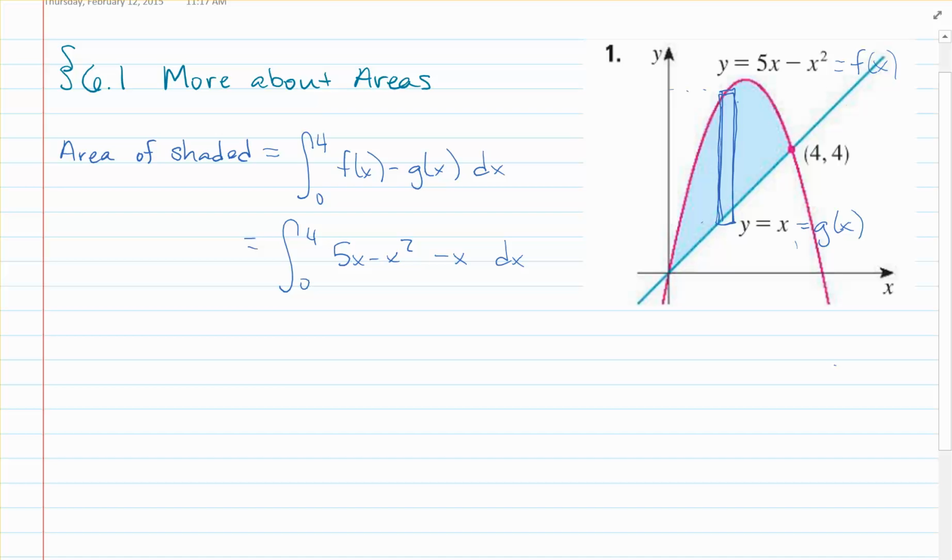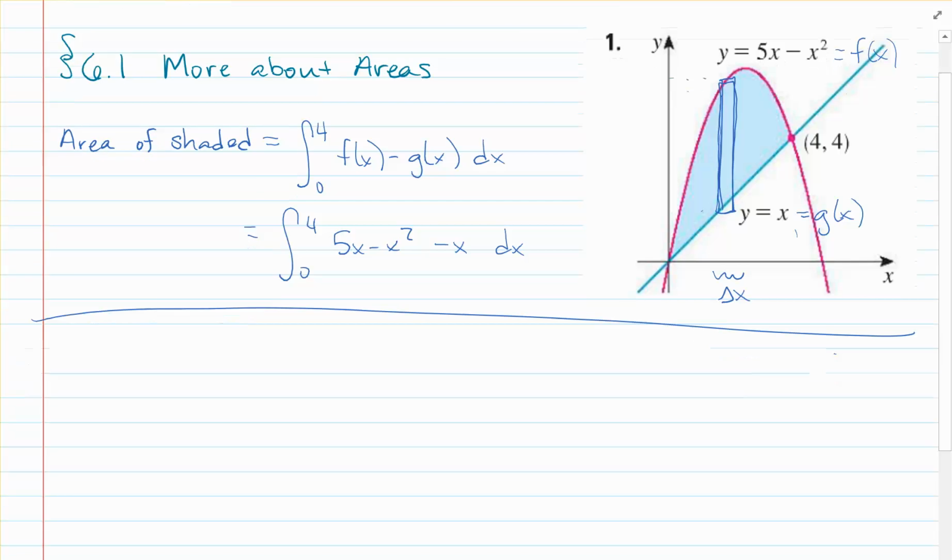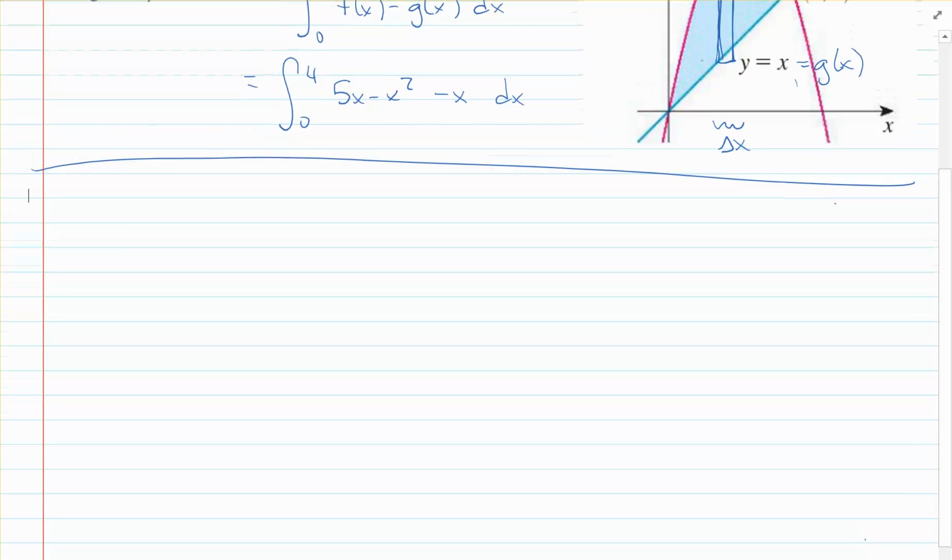And I also want you to show that this is an up and down rectangle, not a side to side rectangle, that I'm slicing these up into slices that are delta x wide and integrating with respect to x. Because in other problems in this section, we're going to be turning this on its side.